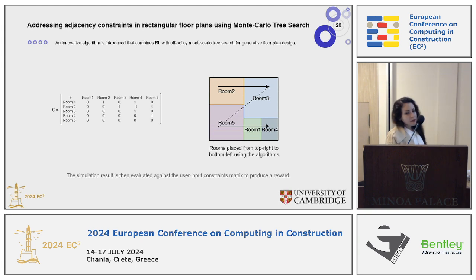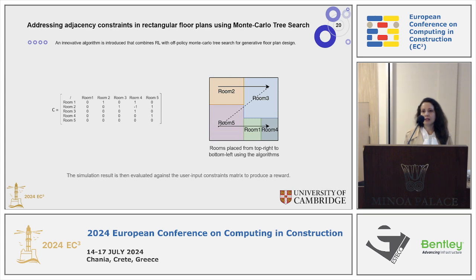In this study, an algorithm is introduced that combines reinforcement learning with off-policy Monte Carlo tree search for generative floor plan designs. This matrix shows the constraints for this design. The value 1 shows that 2 rooms should be adjacent.